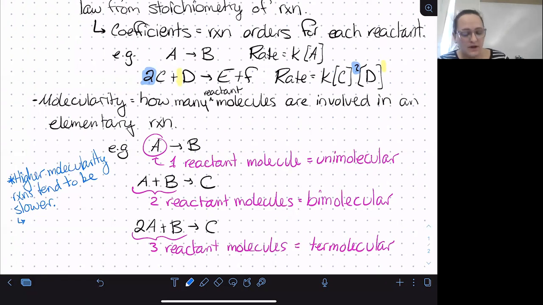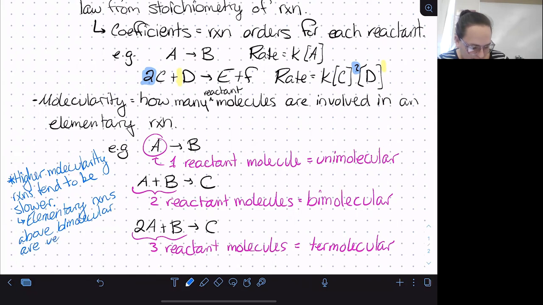They do happen, but very uncommonly. So unimolecular and bimolecular are super common. Termolecular and above, not so much. If you're given a mechanism that includes one, roll with it, but it may not be a very practical mechanism.